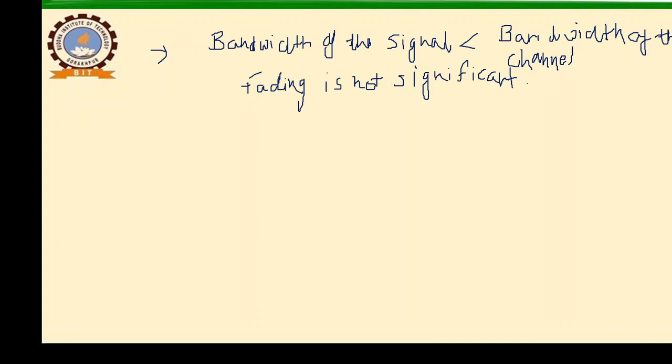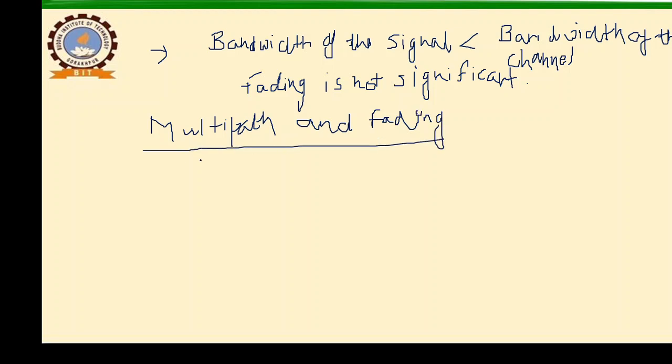Now we move towards the multipath and fading topic. And what is our conclusion under this heading?